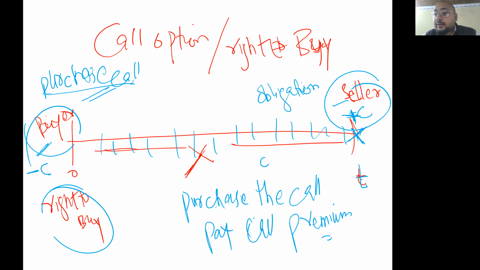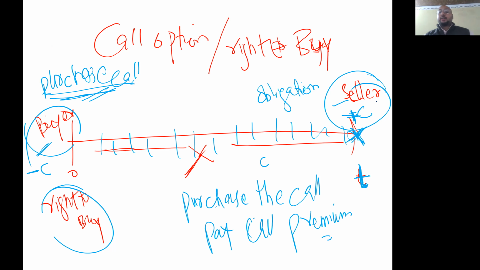You must let the time pass in order to honor the contract or lose the contract. But when the purchaser of the call option decides to exercise, the seller cannot run. The seller must honor it.